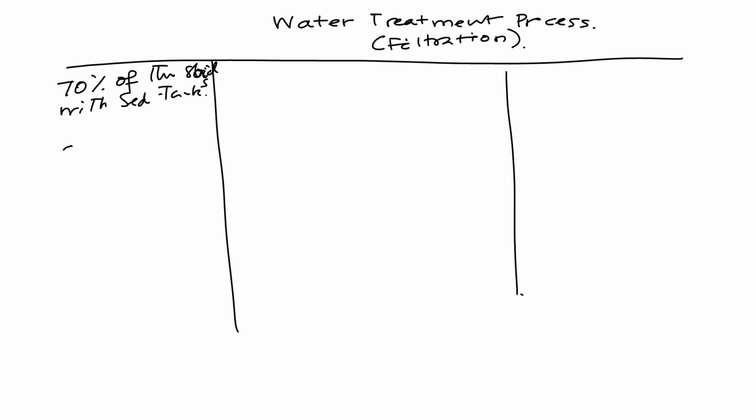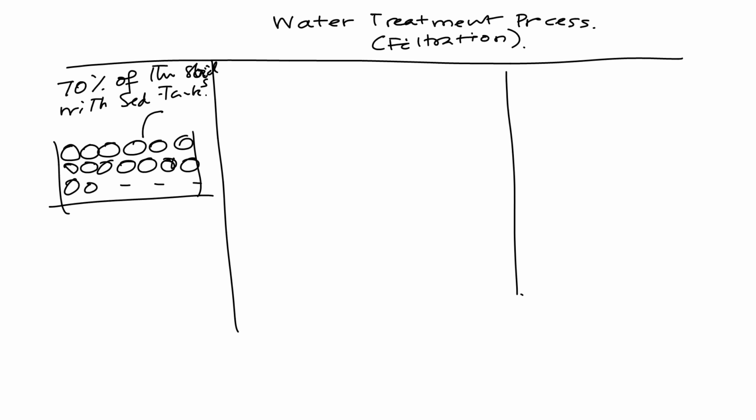What is a filter? Basically, you have heard about filters. A filter is simply some grains, and then there is a bed of grains, and you send the water through.